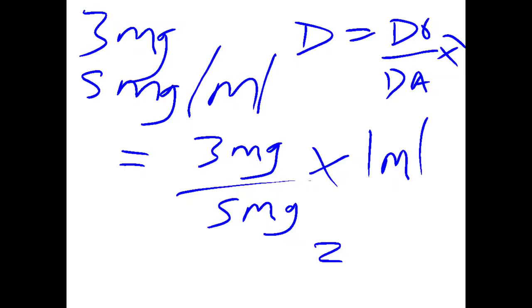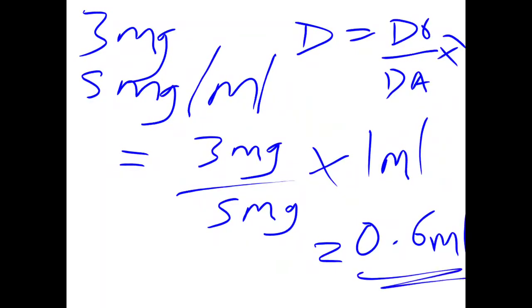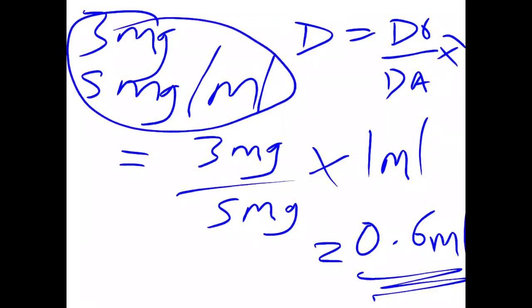So again here, when you do the calculation, you say 3 divided by 5 times 1, you'll find that in mils, the amount of drug or dose that you're going to give is 0.6 mils.